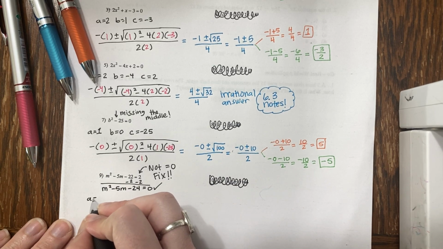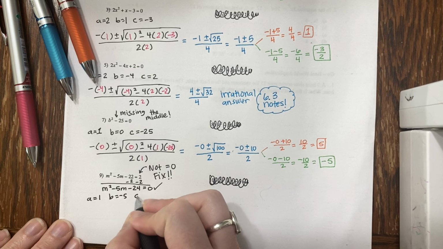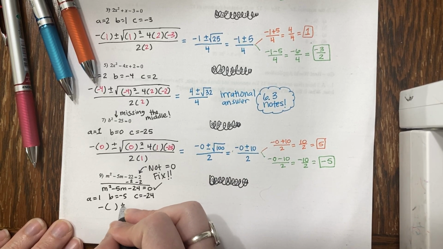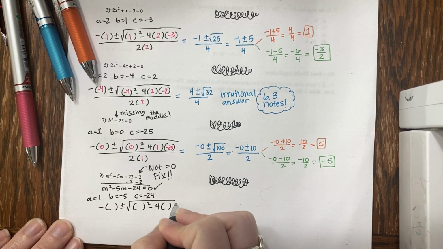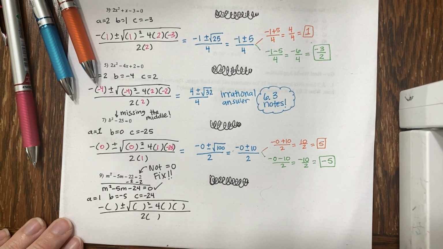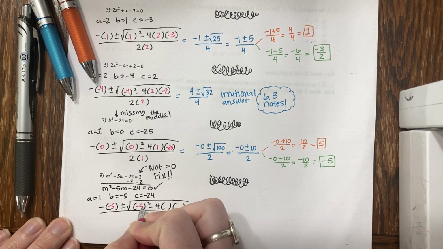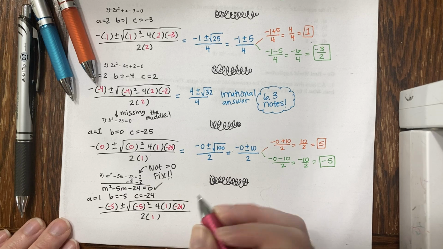Now I can say that a is a 1, b is a -5, and c is a -24. Plug in b, a, c.